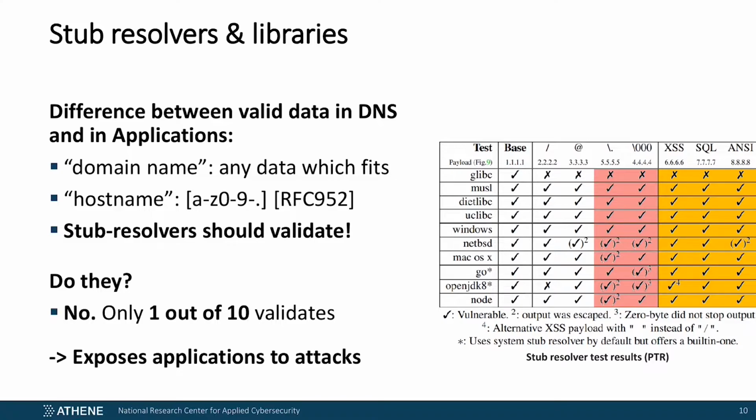The takeaway is that since the stub resolver and the resolver treat the DNS data transparently and just forward it to the application, the DNS becomes just another input to the application, the same as a typical input your application would receive from, for example, a text input field of a website.